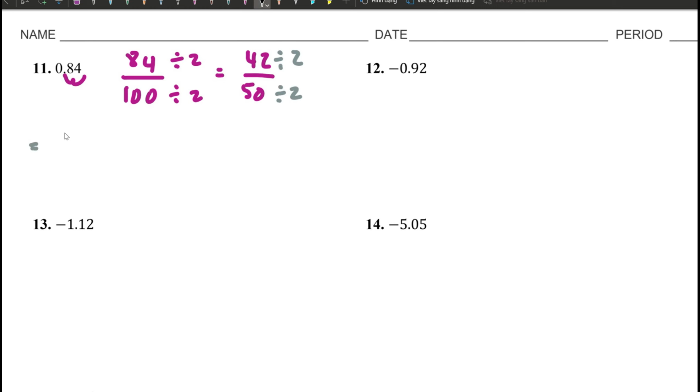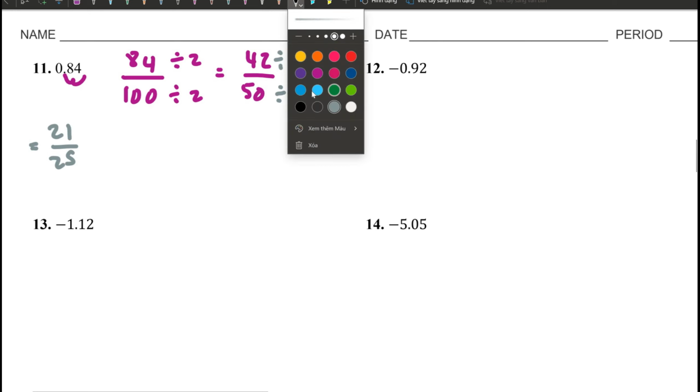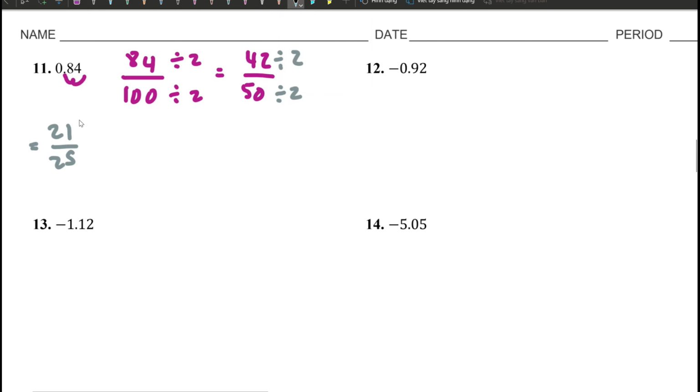That will give us 21 over 25. Can we reduce it further? The answer is no, because the factor of 21 is 3 times 7, and the factor of 25 is 5 times 5. They don't have any common factor, so that will be the answer, 21 over 25.